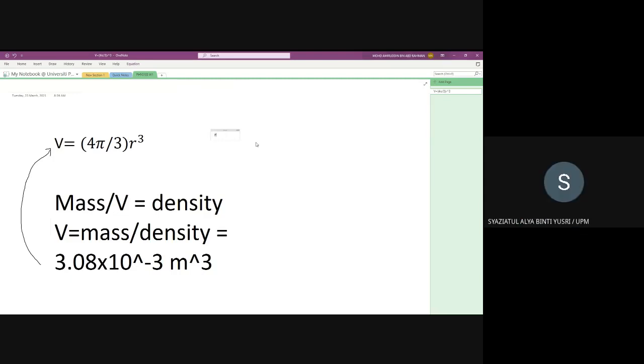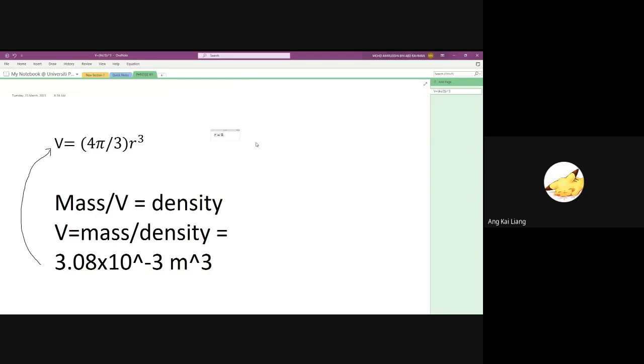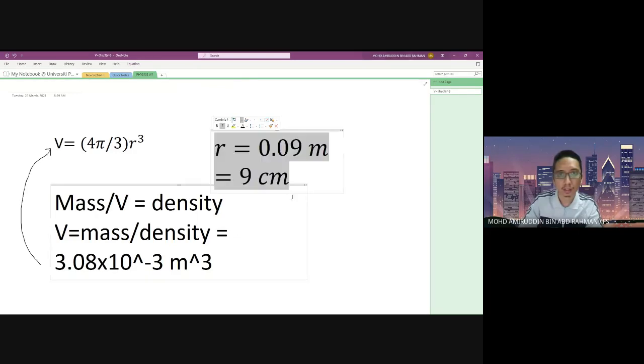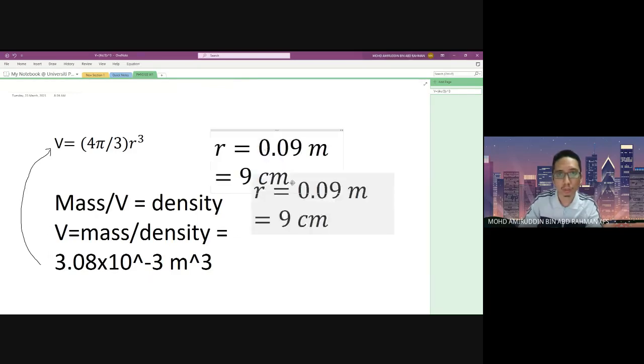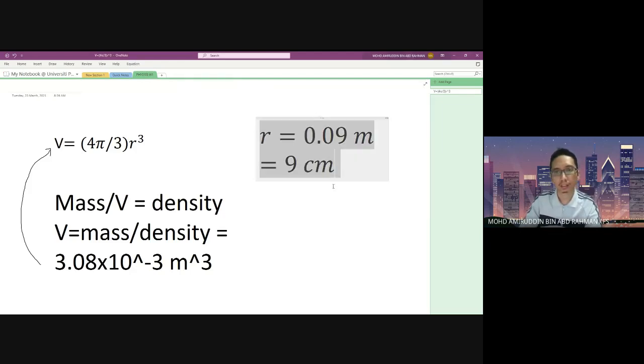Yes. Okay, good. So R is 0.09 meter or 9 centimeters. So that's your R.